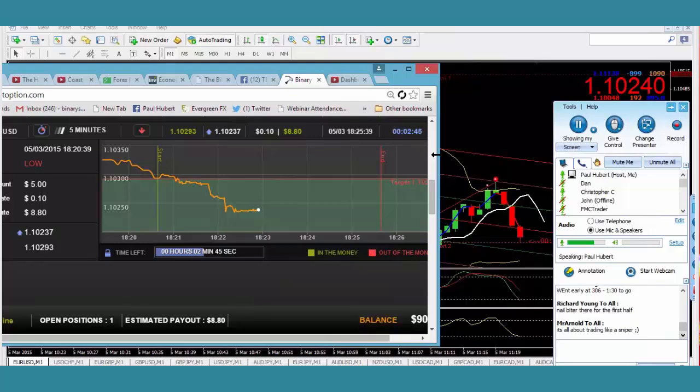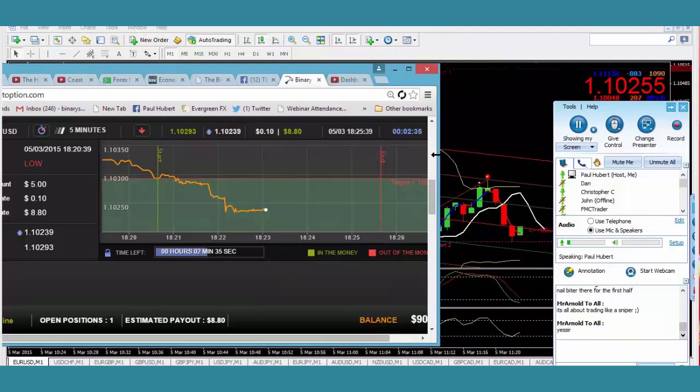Trading like a sniper. I like that, Mr. Arnold. That's a good analogy. Laying in the woods, in the weeds. Spotting. Aligning your target. Taking into consideration all the elements.